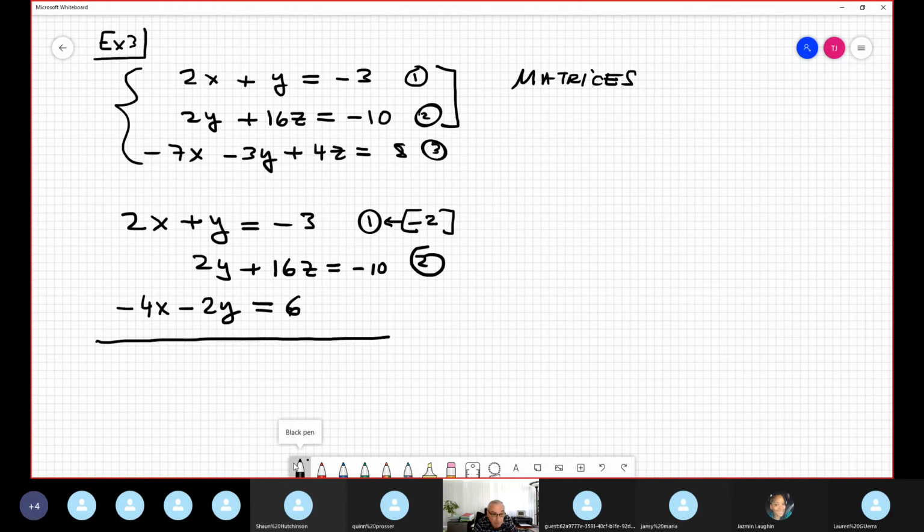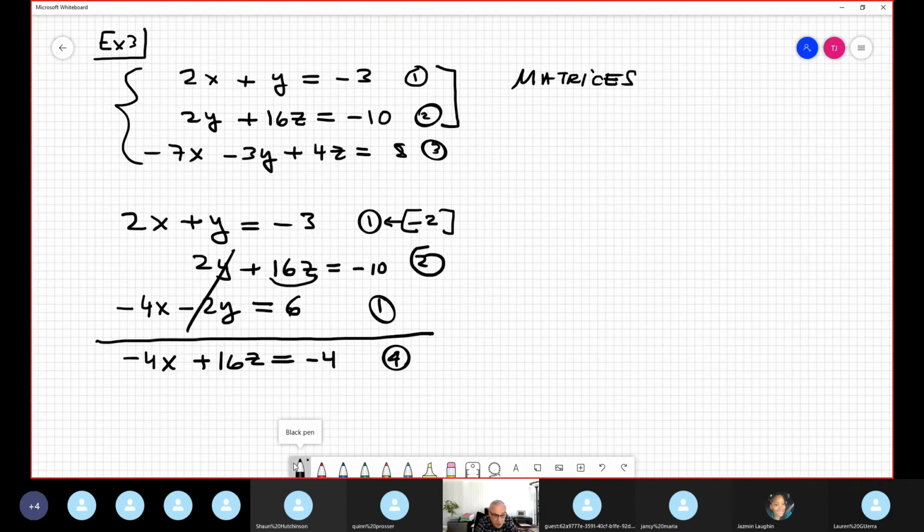Ready. 1 plus 2. This is 1 again after the multiplication. I bring down minus 4x, the y cancels. That was the intention. We have this, just bring down plus 16z equals negative 4. We are coming from negative 4, negative 10, and positive 6. And this is my equation 4.